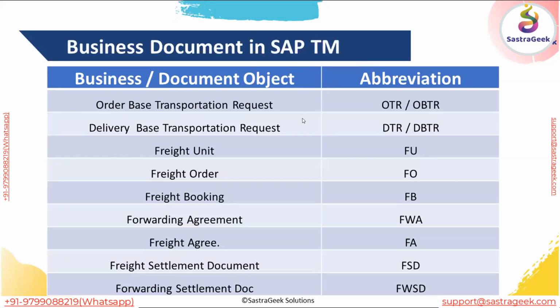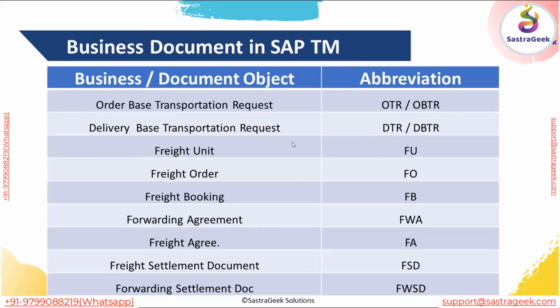This is also from the previous discussion. These are some of the abbreviations that we will be frequently using, like OTR, DTR, FU, FO, FB. Just keep track of it.